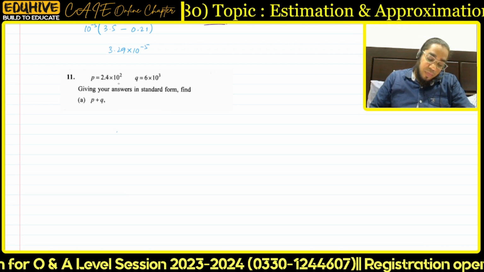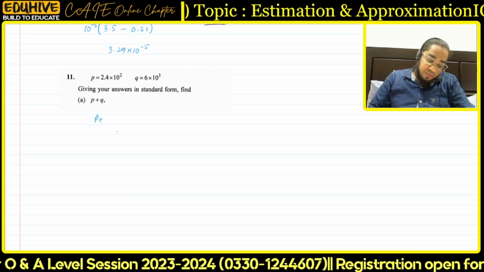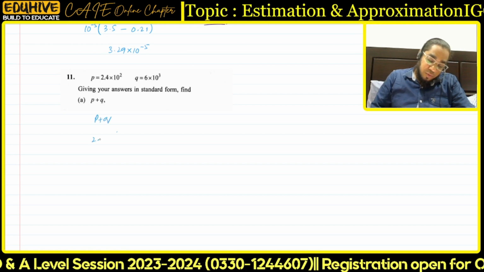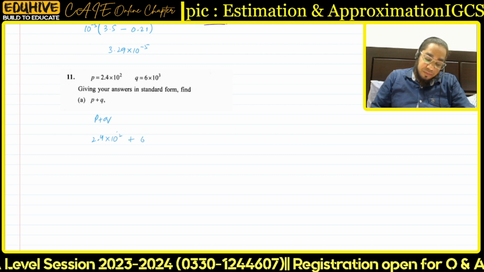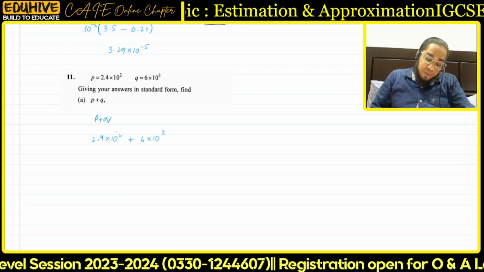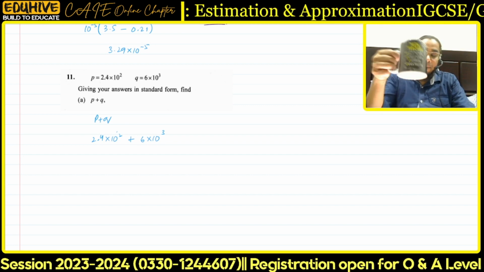So here we go. We have a number over here, p plus q, and it's going to be 2.4 into 10 raised to the power 2 plus 6 into 10 raised to the power 3. So you are going to tell me what should be the answer over here.